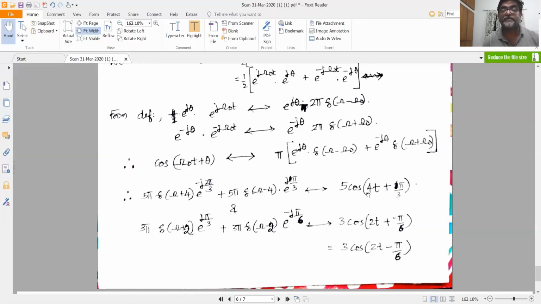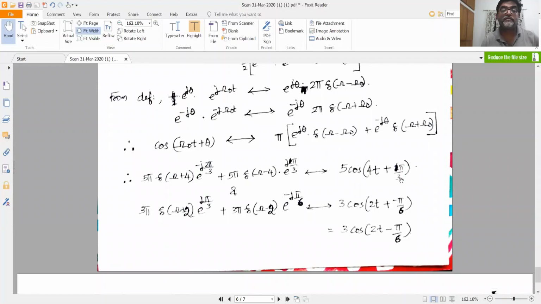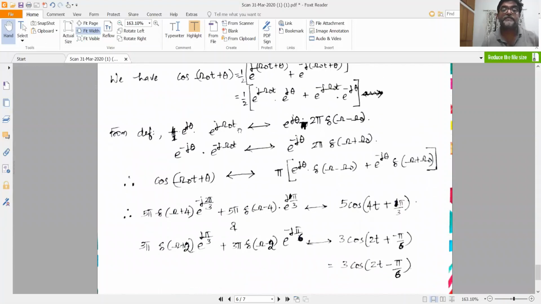You will have an inverse Fourier transform given by, since you have a constant 5 here, 5 into cos 4t plus theta. What is theta? Theta is pi by 3, right? So that is 5 cos 4t plus pi by 3.